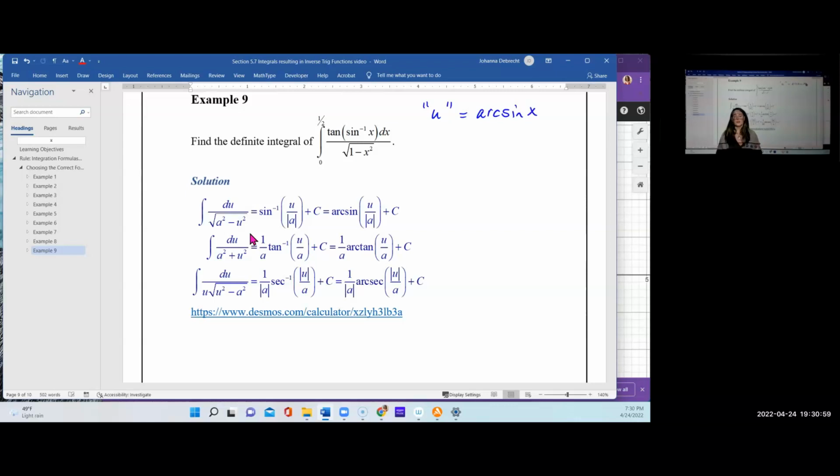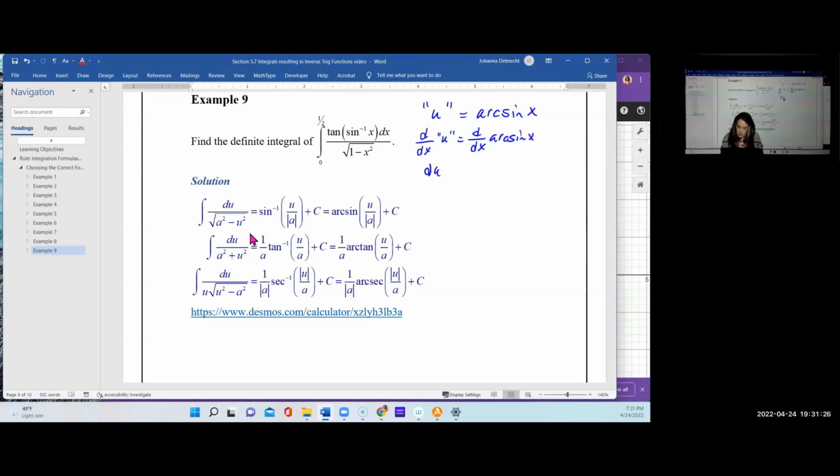If it bothers you to use the same variable, you can switch the variable and call it something else. You could call it omega if you want to, or w. It doesn't have to be a u. Now we have arcsine. We can take the derivative of both sides of this new u, and this gives us the derivative with respect to x of arcsine of x.